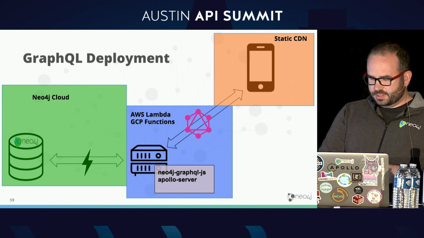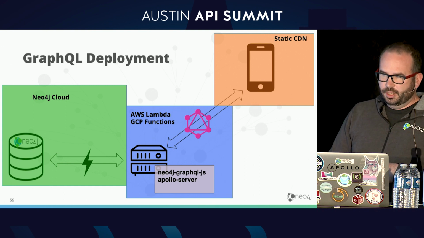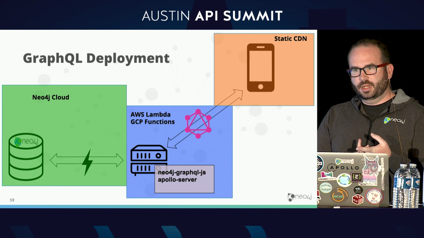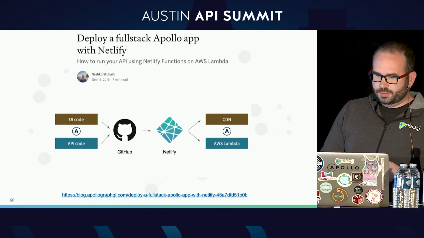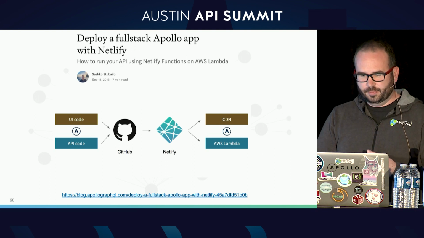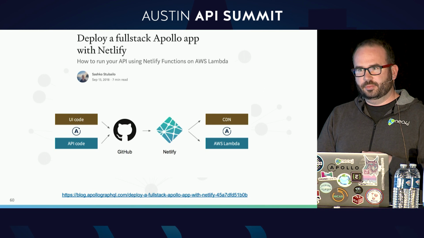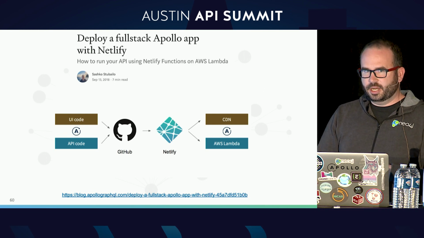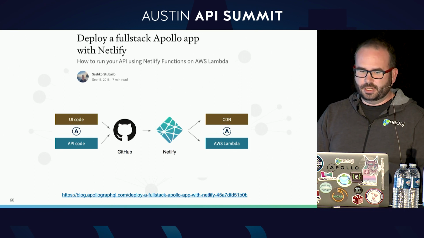And what's nice is if we can combine the ability for deploying our static client code and our serverless API with tools like Netlify that basically have deployment options where we can push to GitHub or something like that, and using GitOps can handle provisioning our Lambdas for us.